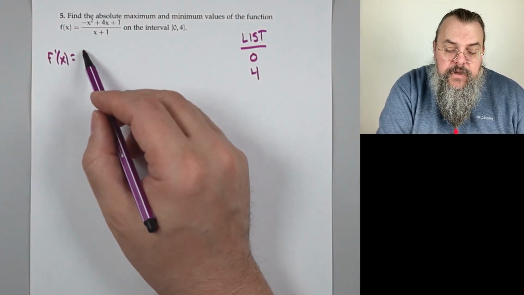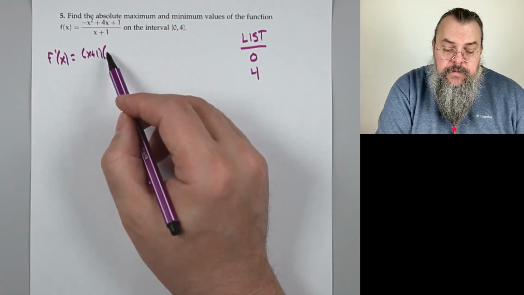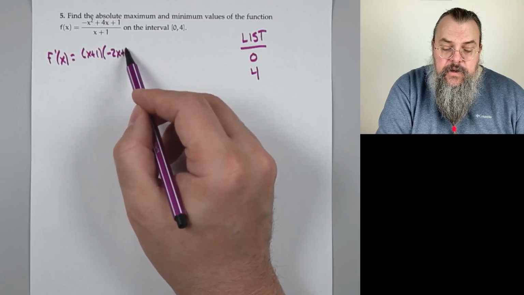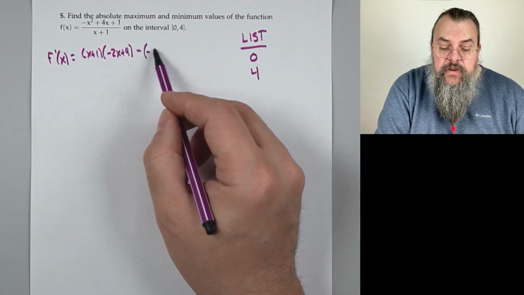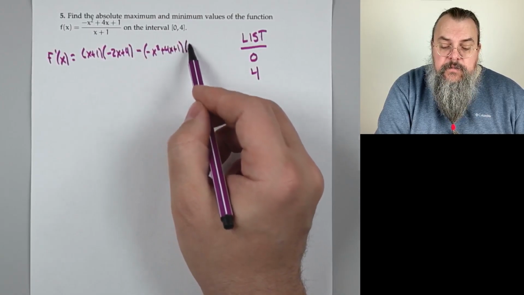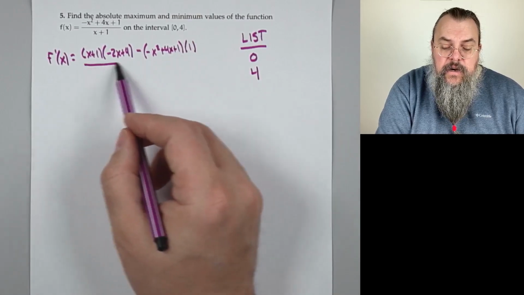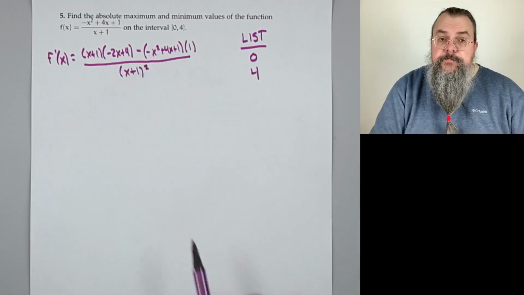It's the bottom, so that's x plus 1, times the derivative of the top, which is minus 2x plus 4, and minus the top, minus x squared plus 4x plus 1, times the derivative of the bottom, which is 1. And all of that, divide that by the bottom term squared.